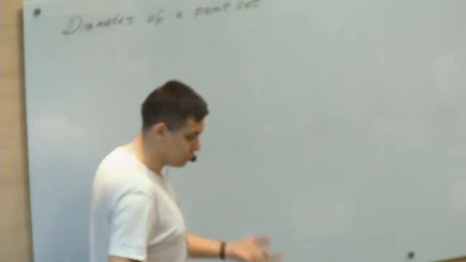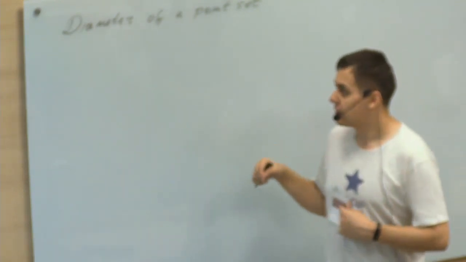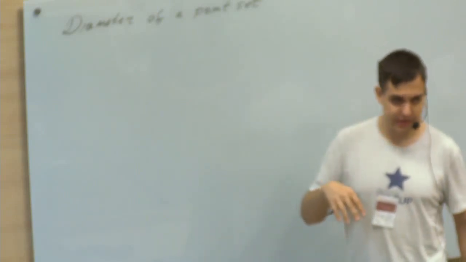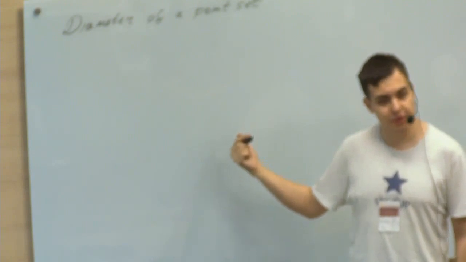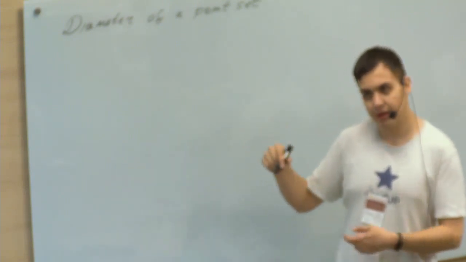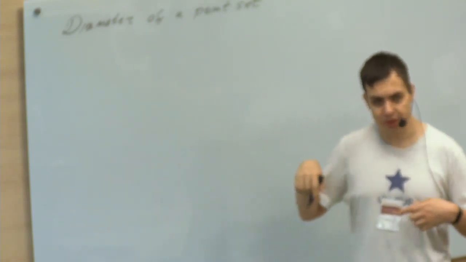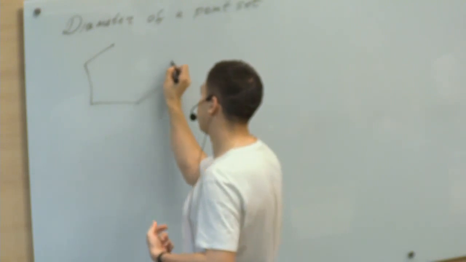So we have the set of points, and we want to find the 2 points that have the largest distance between them. Of course, the first step is to solve for a convex hull, since if we have some point inside of the convex hull, it cannot be the answer. We can replace this point inside the convex hull with a point on the hull.